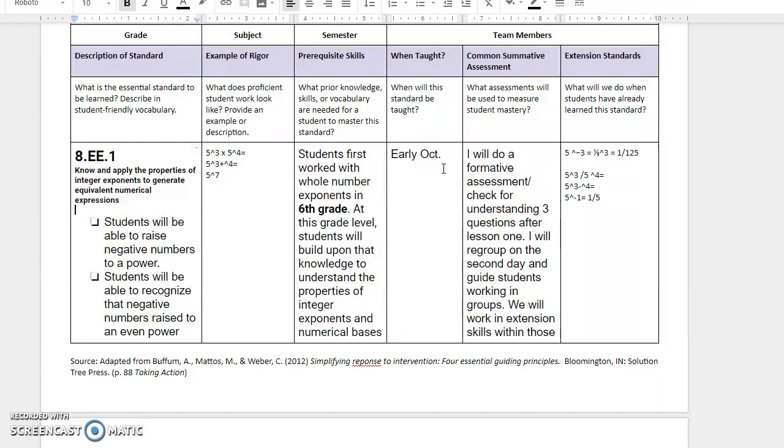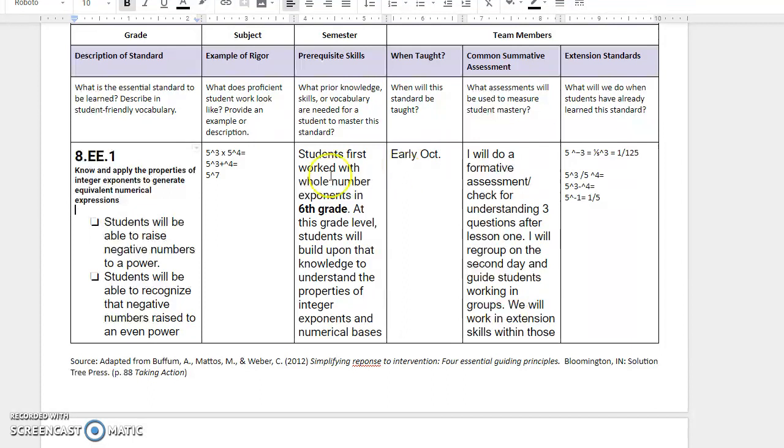As you're working through this document and teaching throughout the year, start thinking about when things are taught, and then this will help us better align our essential standards. Keep in mind we're talking essential. That doesn't mean we're not teaching other things. I know you've heard this a million times, but this is the nice to know versus the need to know. Our essentials are the need to know standards.